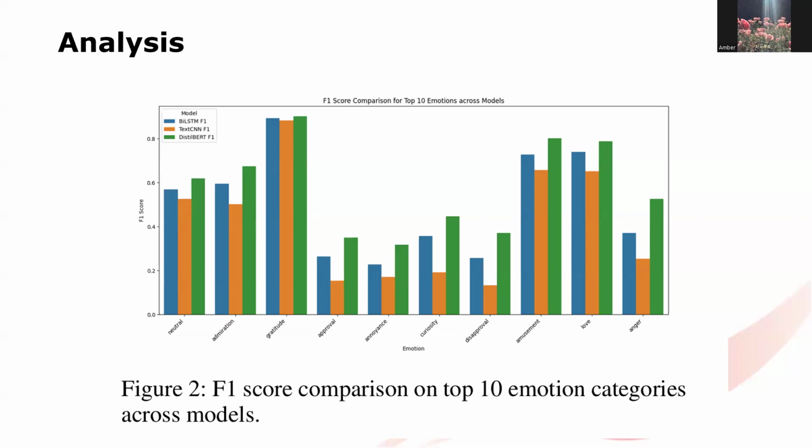But for subtle emotions like approval or annoyance, performance drops, especially for TextCNN and BiLSTM. The performance gap is small on clear signals like love and amusement, but grows for subtle ones. So in practice, model choice depends on how fine-grained your emotion detection needs to be.